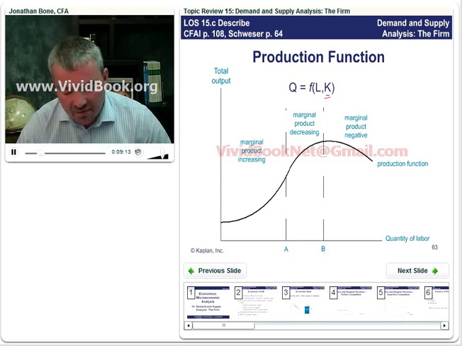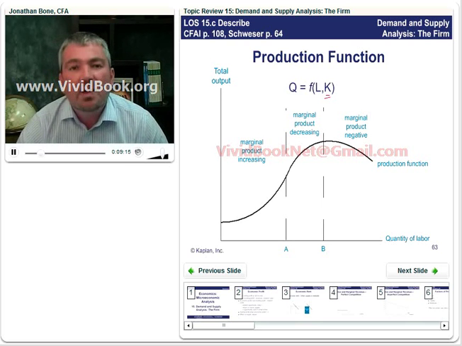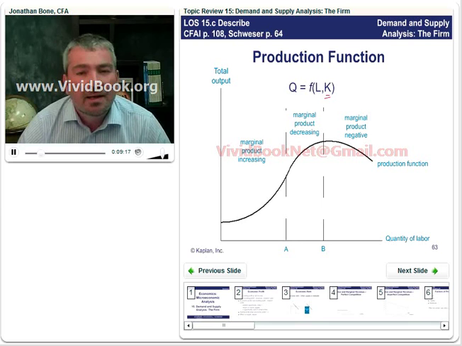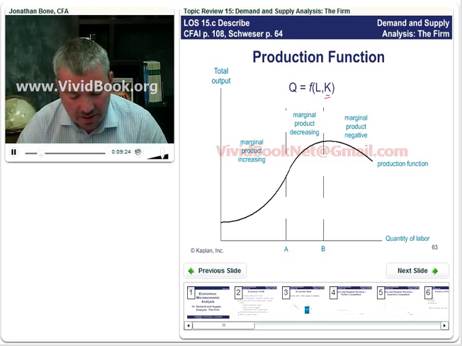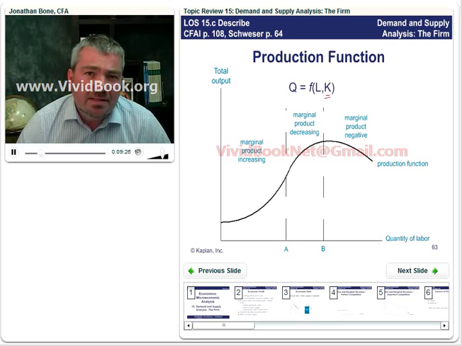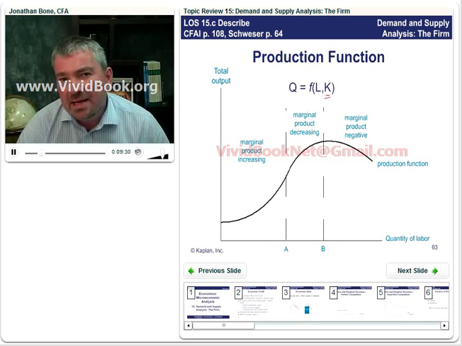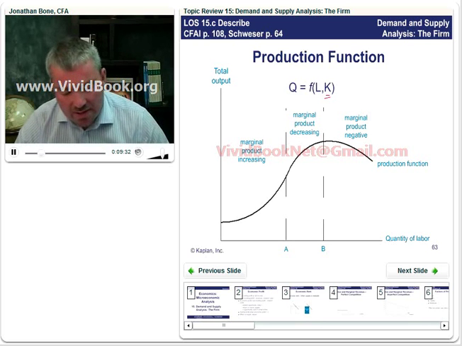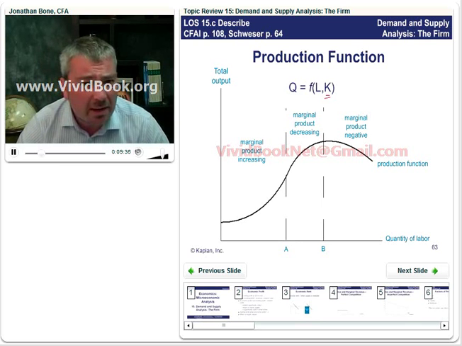Now, first of all, we've got marginal product increasing. What is the marginal product of labour? It's the additional output that 1 extra worker could produce. That's our definition of marginal product. Now notice, initially our marginal product is actually increasing. What we're saying here is 2 workers produce more than 2 times the output of a single worker.